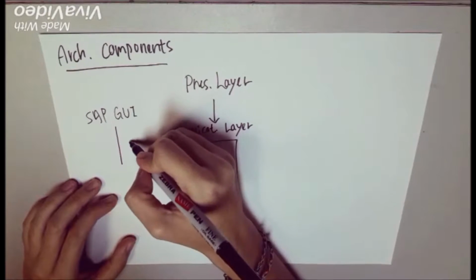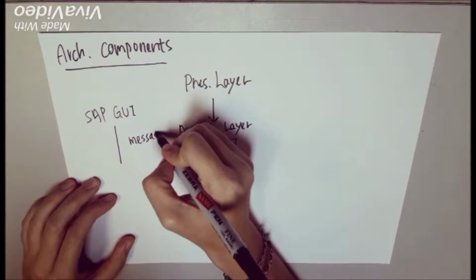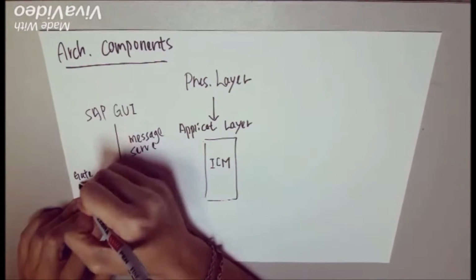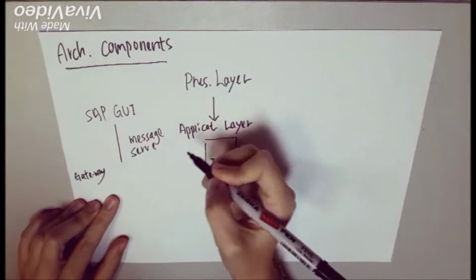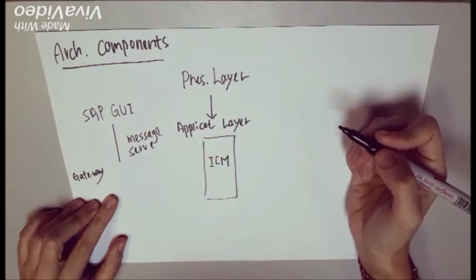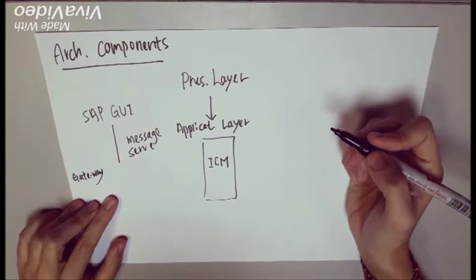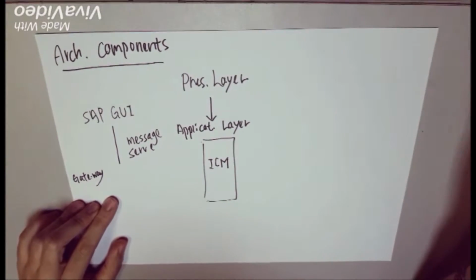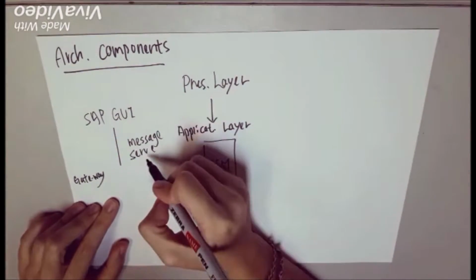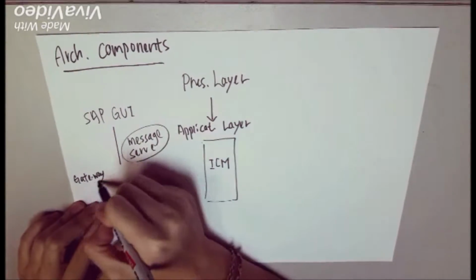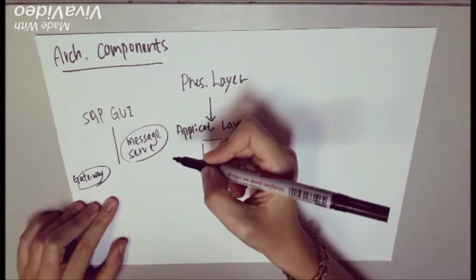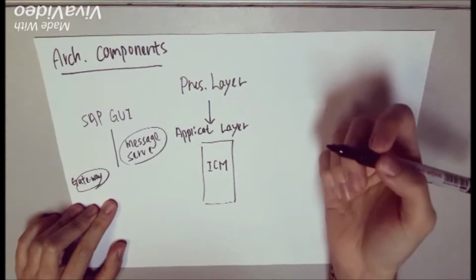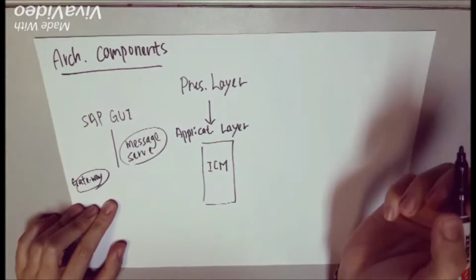Here there is a message server, and here there will be a gateway. The gateway, as we all know, enables the communication between SAP systems as well as between the SAP system and external systems. And the message server handles the communications between the dispatchers in the ABAP system.